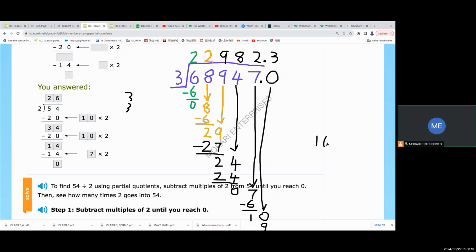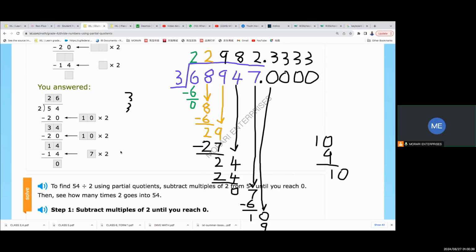You drop down another 0, and then you go to the hundredths place. It will be another 3 again. You have 9. Subtract, you have 1. You drop down another 0, because in the original number, we can add this many zeros. So you keep dropping down these zeros. All these zeros after this point just mean 0. But because we have different place values, we'll keep having 3 without end.